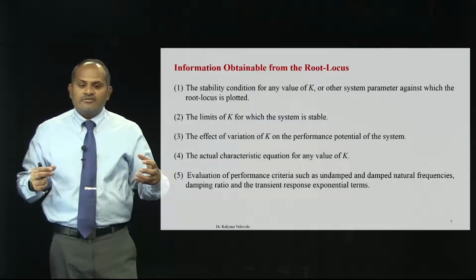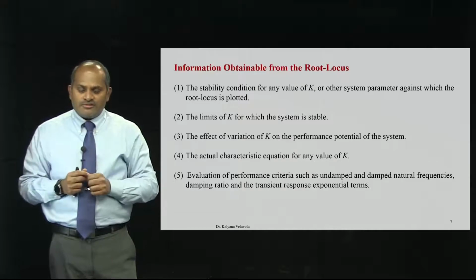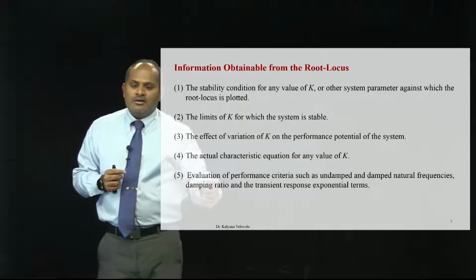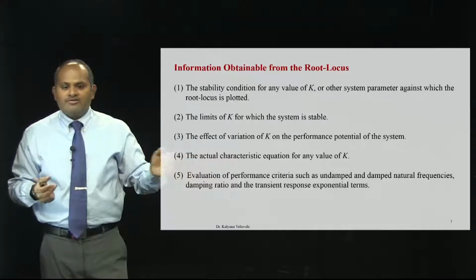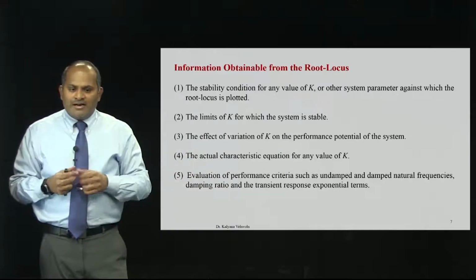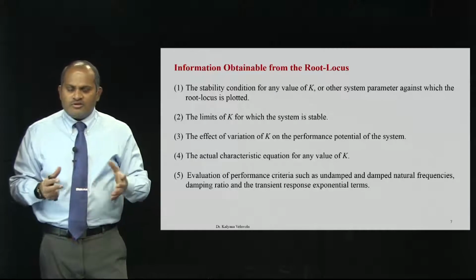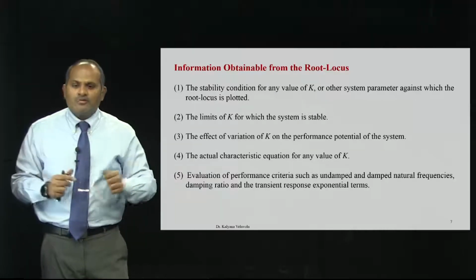Knowing the characteristic equation, we know everything about the system. Last, evaluation of performance criteria such as undamped and damped natural frequencies, damping ratio, and the transient response of the exponential term. We can know everything from the root locus.